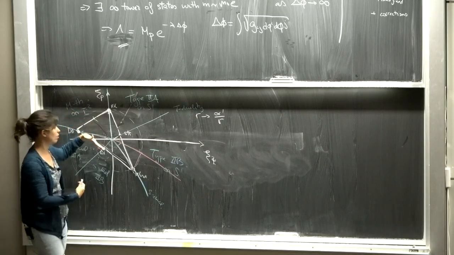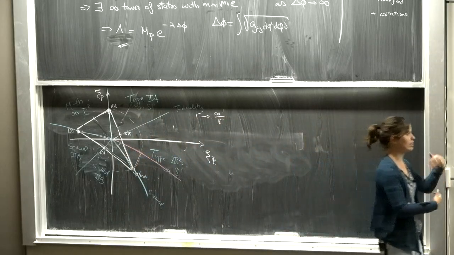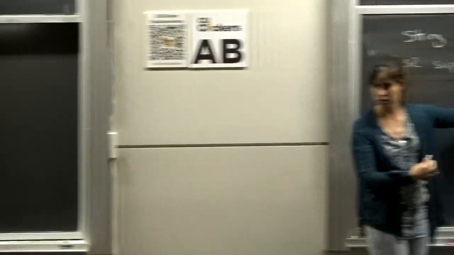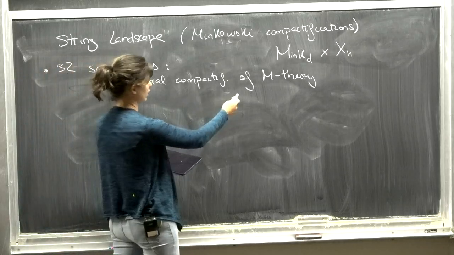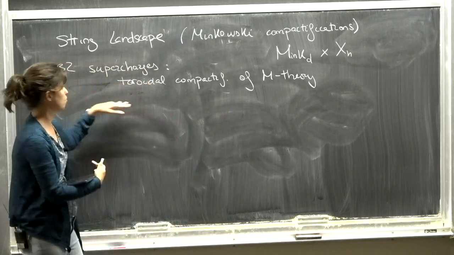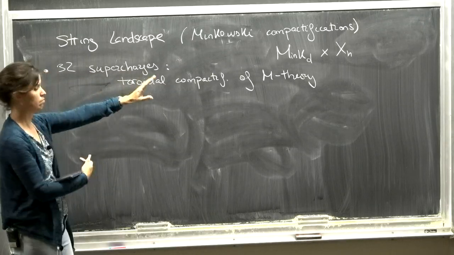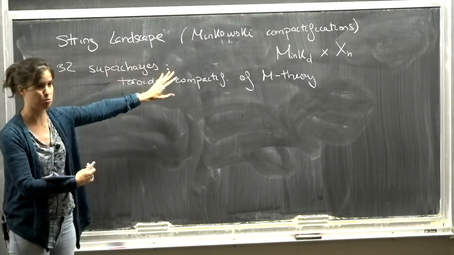So you can also continue adding circles, and the toroidal compactification does not break supersymmetry. That's why you keep the same supercharges. So you have 32 supercharges, but you can have lower dimensional effective field theories. These M theory compactifications all have maximal supersymmetry, and that's the full landscape. This is a classification of the landscape for 32 supercharges.